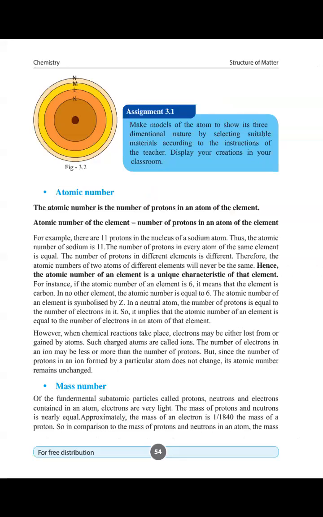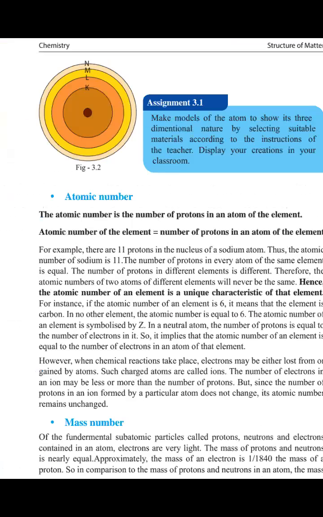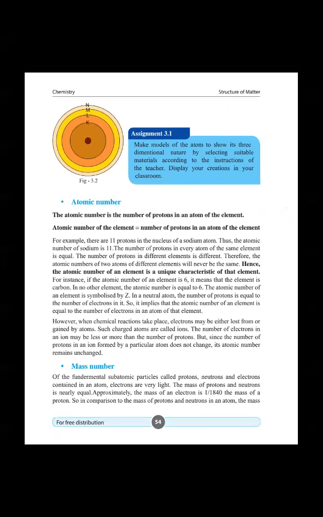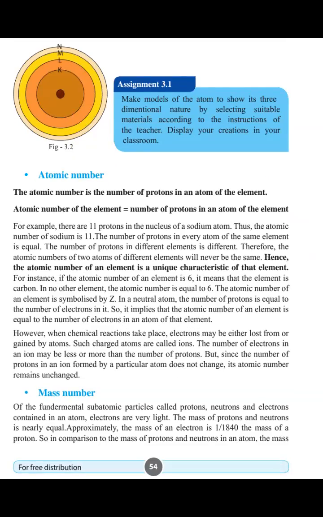Then we should know the atomic number and the mass number, which are very important. Two numbers when it comes to atoms or calculations or properties. The atomic number is the number of protons in the atom. So atomic number is equal to the number of protons.